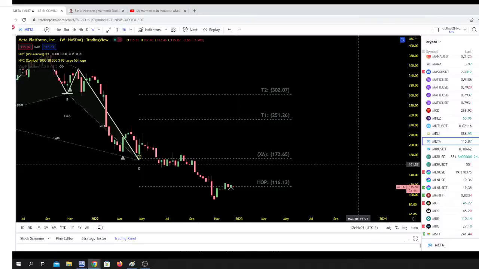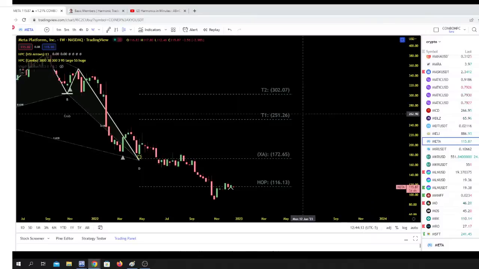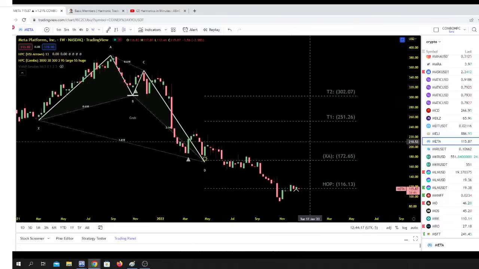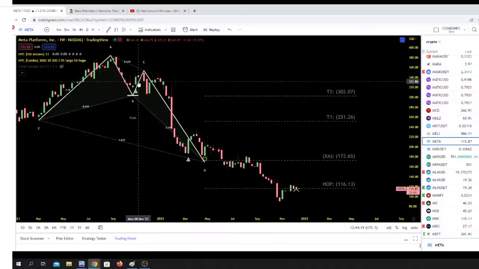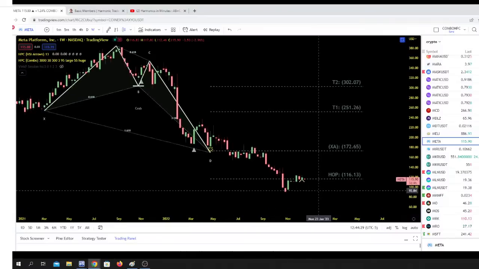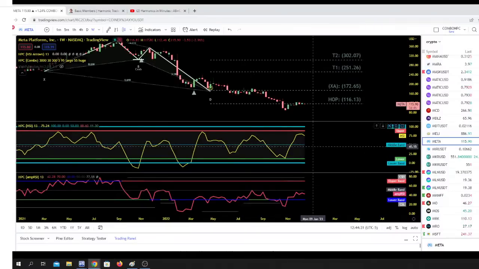So be it. Here's the last one in that whole tech universe, Meta on the weekly. There's a few things here. They're on a different platform. 97 is a big number. I think 116 is pretty big. And if we can't hold this 116 level going into the end of the year, I'd be careful.